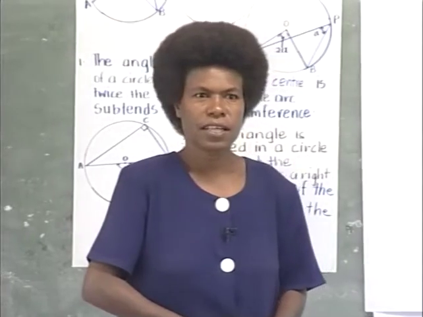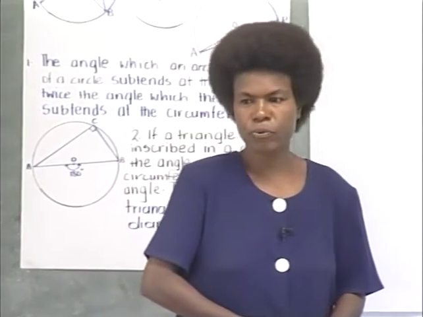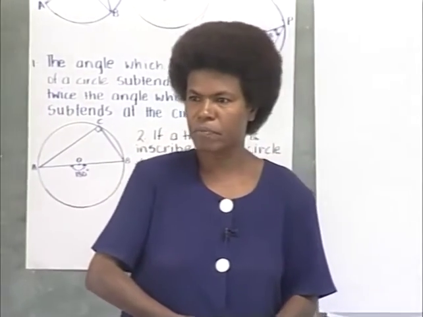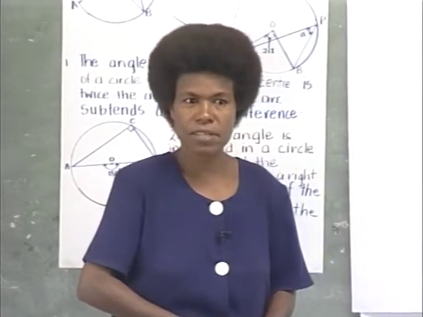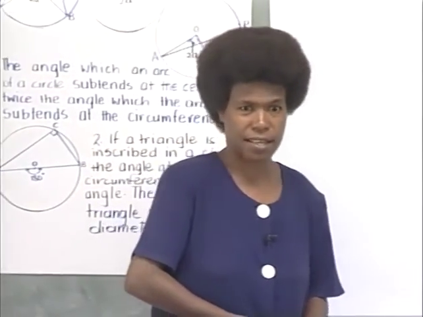What is a circle? A circle is a curve consisting of all the points at a constant distance, the radius, from a fixed point, the center. Good. It is made up of a set of points which are equidistant from the center. Equidistant meaning they are the same distance from the center.